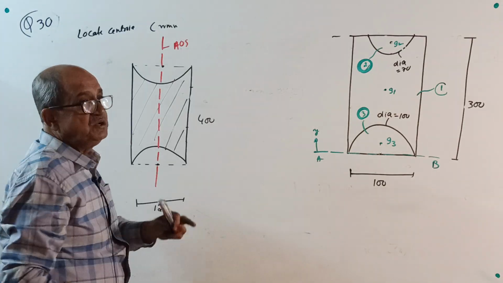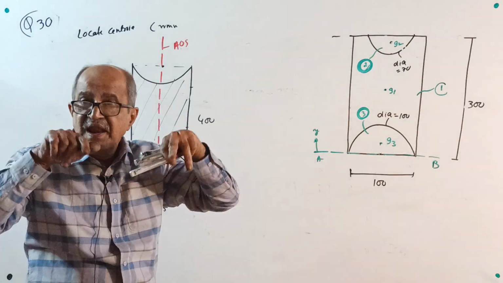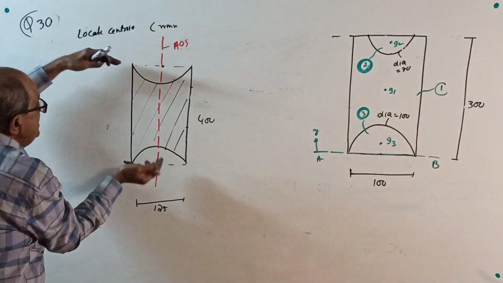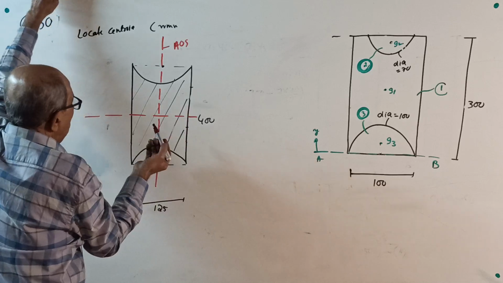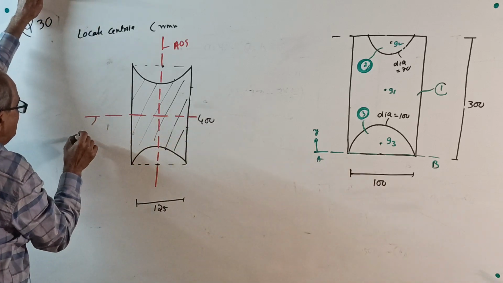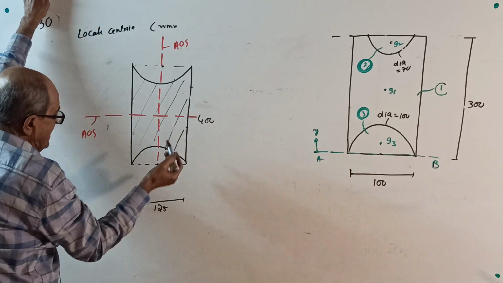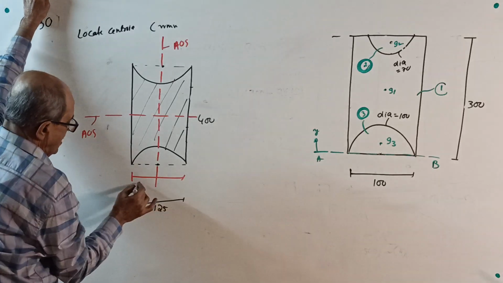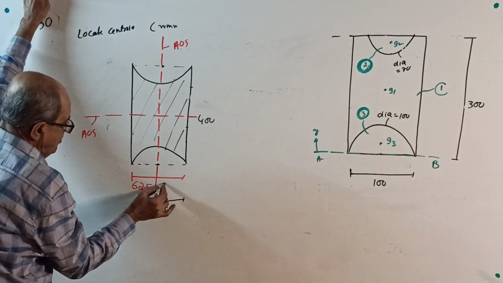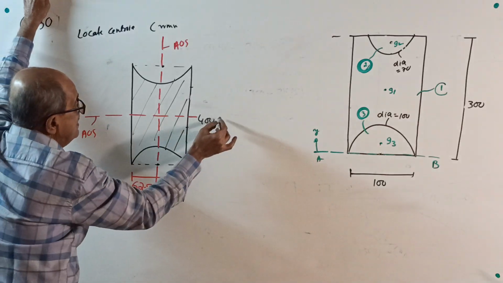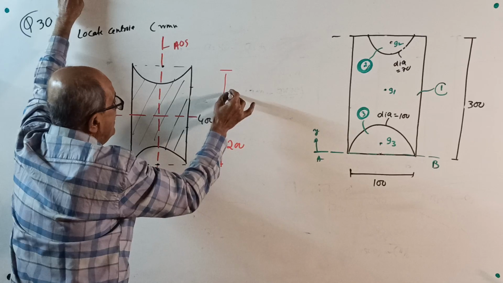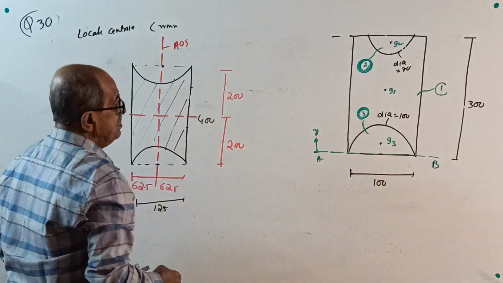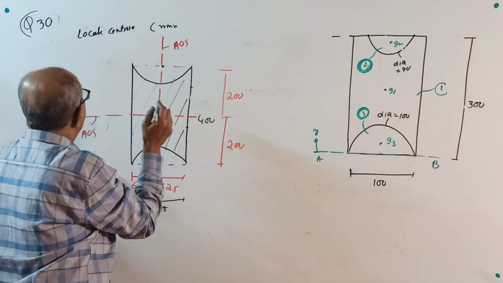And also, this is another axis of symmetry. Therefore, what calculation? These two are 62.5, 62.5. These two are 200, 200. This is centroid G. Over.